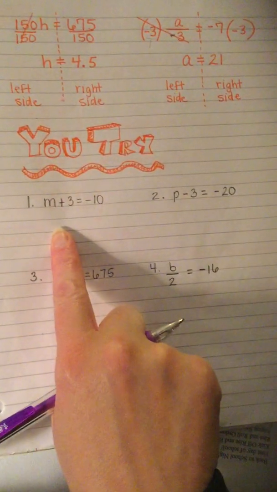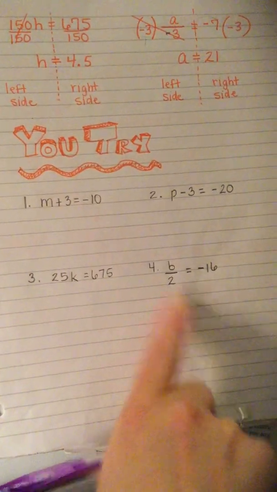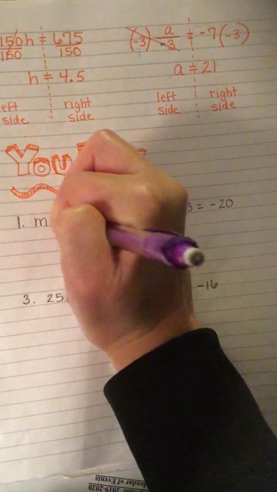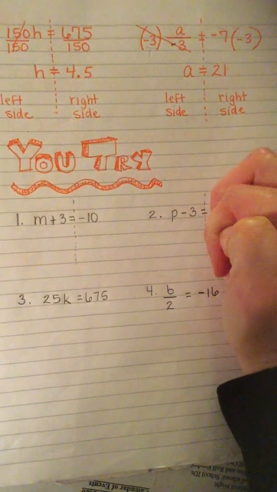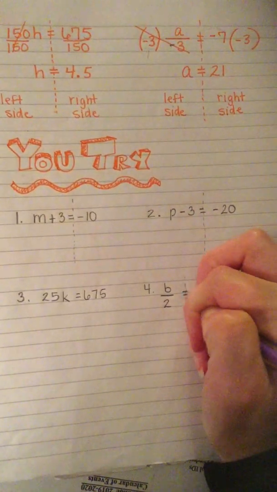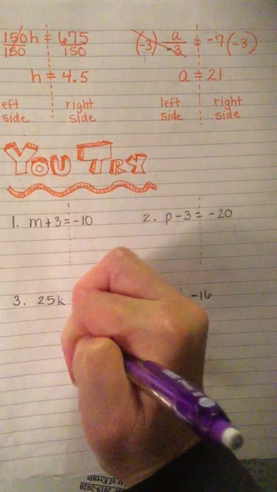This was like the first example we did, the second example, the third example, and the fourth example. So show your steps of what you're doing. Again, you might want to put that little what I call a brick wall down. Sometimes that makes it easier. You don't have to do that, but I always do it. I've always done it since I was in school, and it's always made things a little bit easier for me.